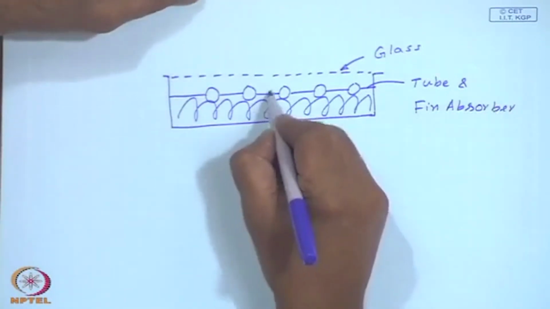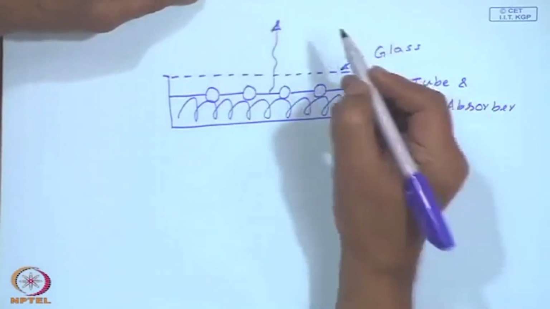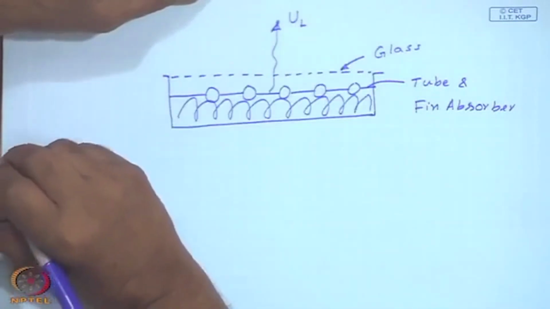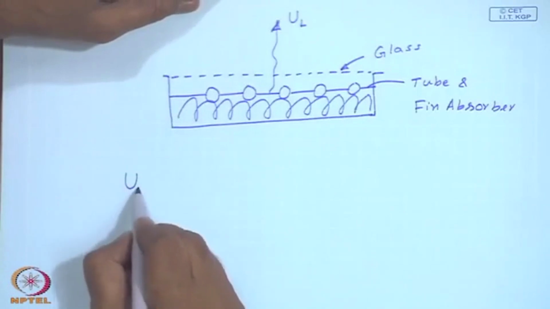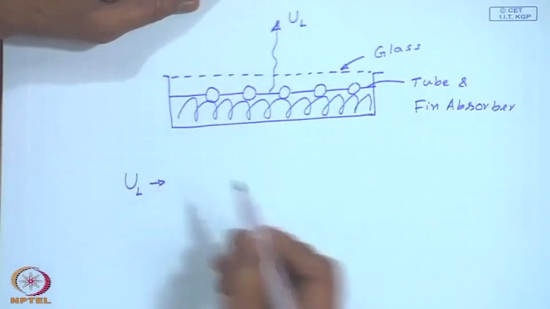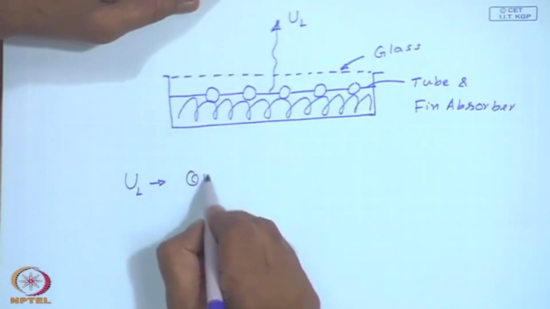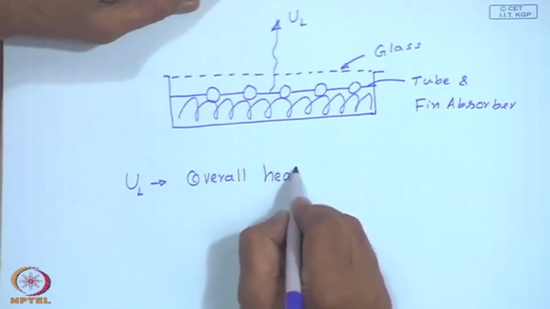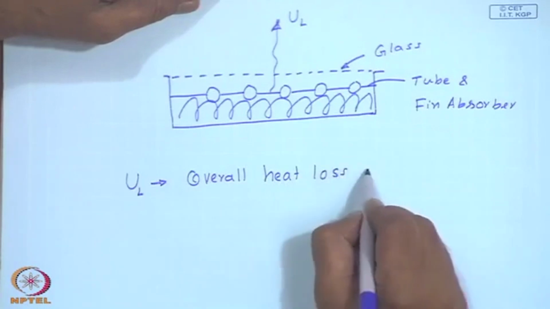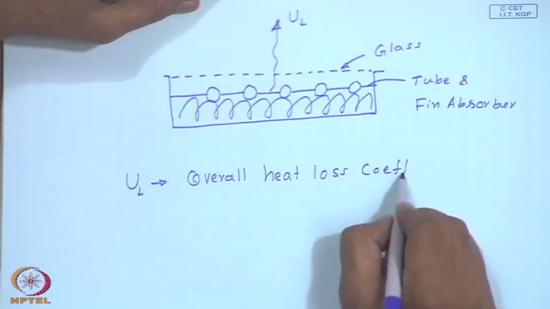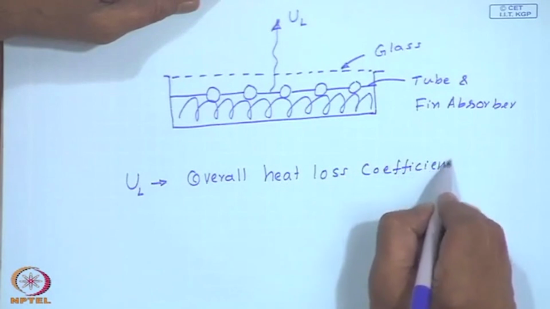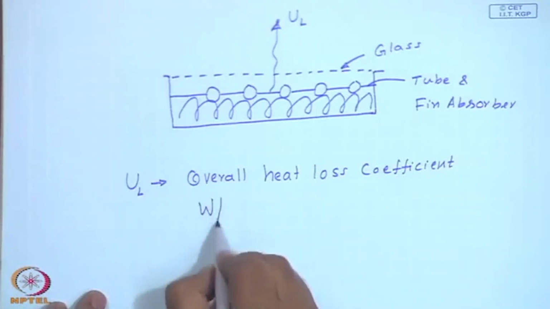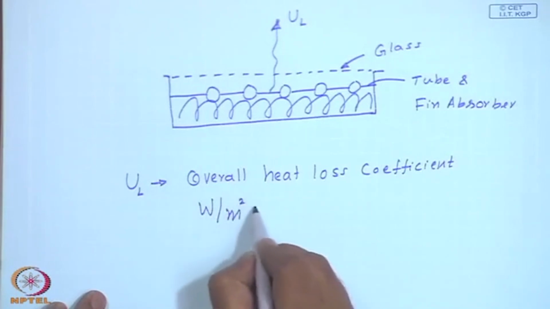So, overall there will be some loss, which I will represent by a loss coefficient UL. So, those familiar with heat transfer, this is called an overall heat loss coefficient, and which will have the units watts per meter square degree centigrade.